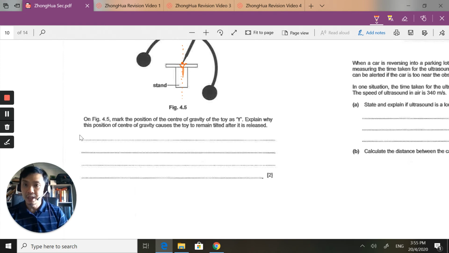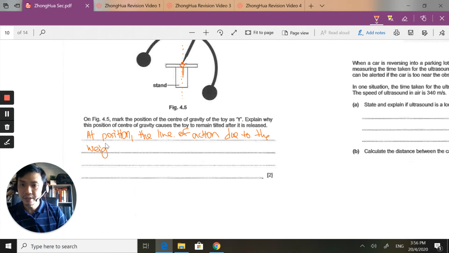So at position Y, the line of action due to the weight of the toy does not create a net moment.